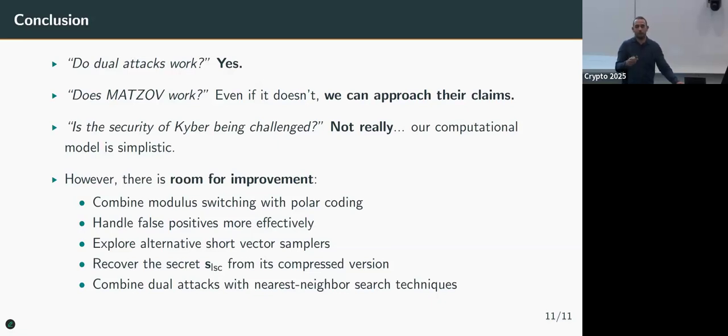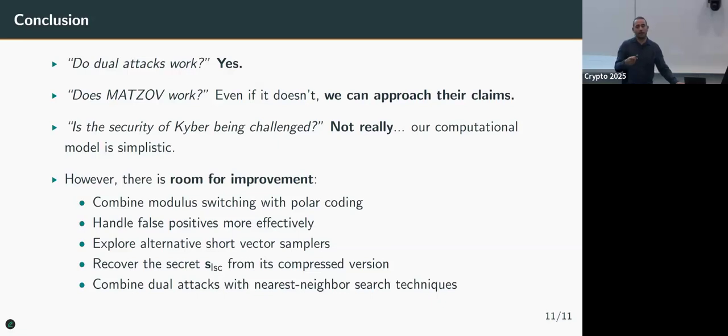It's more complicated to answer this question because the parameters of MATZOV do not work, but probably we can correct them and find some new parameters for which MATZOV works. And even if it does not, we show that we were able to approach their results with our variant of MATZOV. And also, I presented some results on Kyber in my introduction.